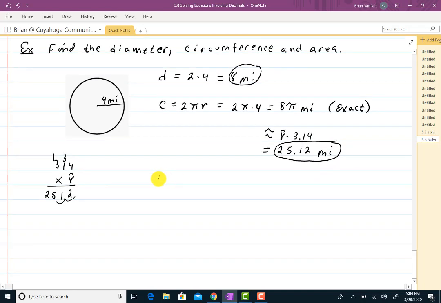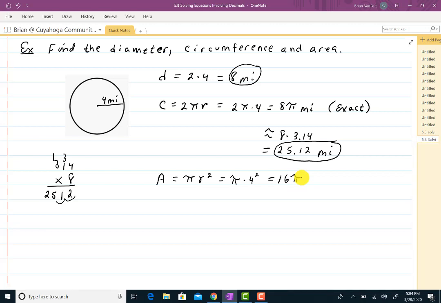And for the area, that's pi r squared. So this is pi times, the radius was 4. If you do 4 squared, that is 16. So you get 16 pi. Now this is where you've got to be careful with your units. Area is measured in units squared.